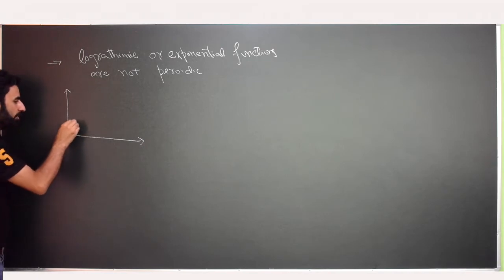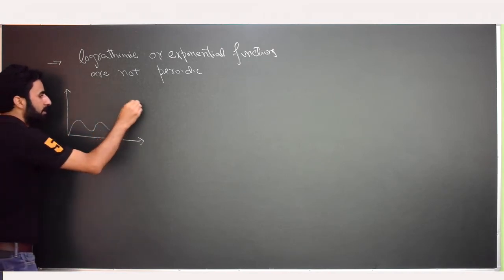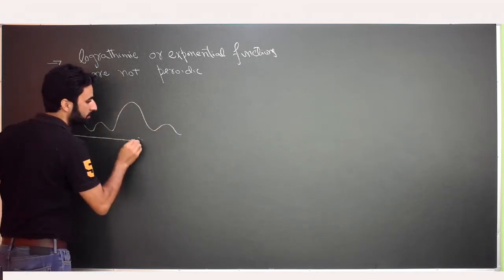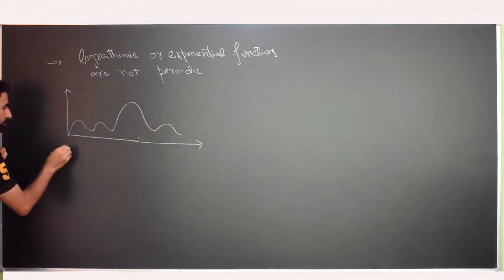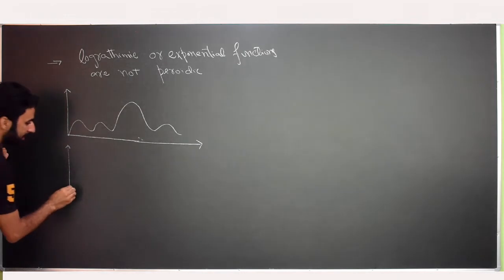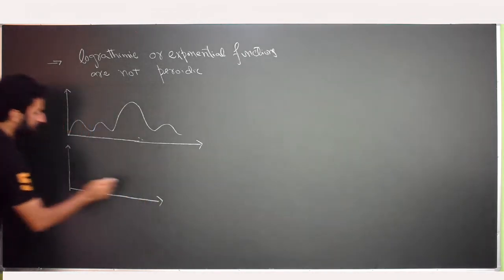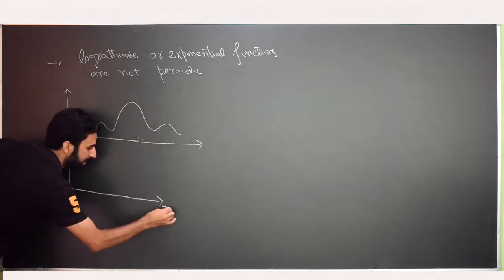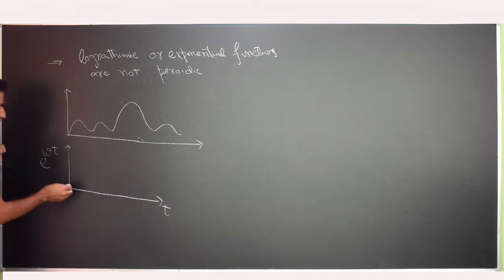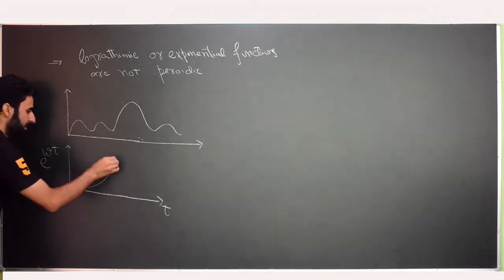Now let's say we have a function like this. In another case, we may have a function like this. Let's say here we have e raised to the power of omega t, and here we have t, and obviously it is an exponential function. It will be this way.